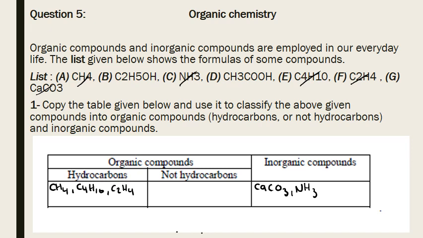So the rest are not hydrocarbons, so that will be C2H5OH. They're still organic, but because they're not composed of carbon and hydrogen atoms only, we call them non-hydrocarbons. So that is C2H5OH and CH3COOH.